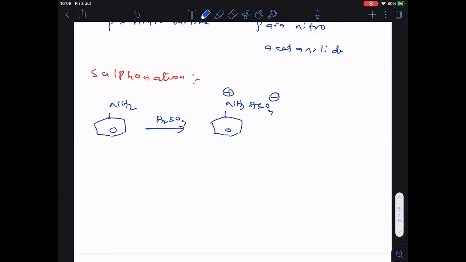Clear. Okay, this is called as what? Anilinium hydrogen sulfate.